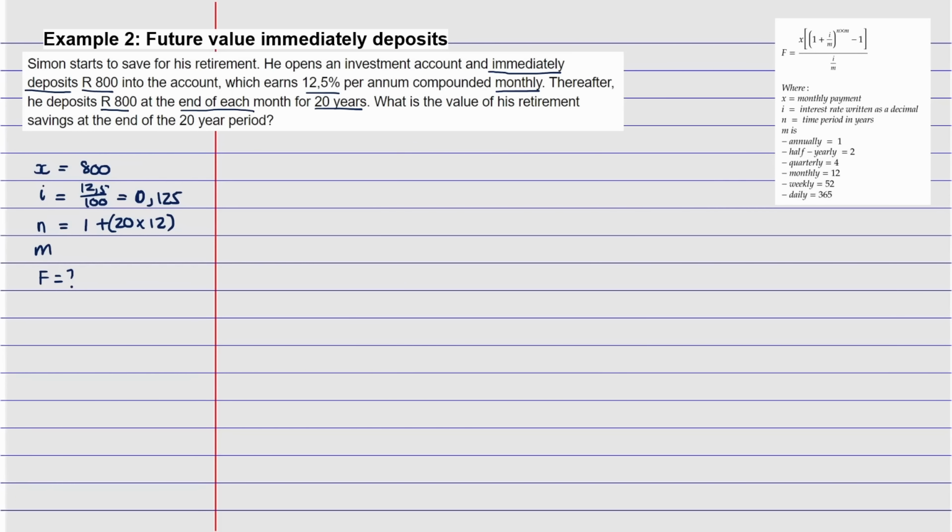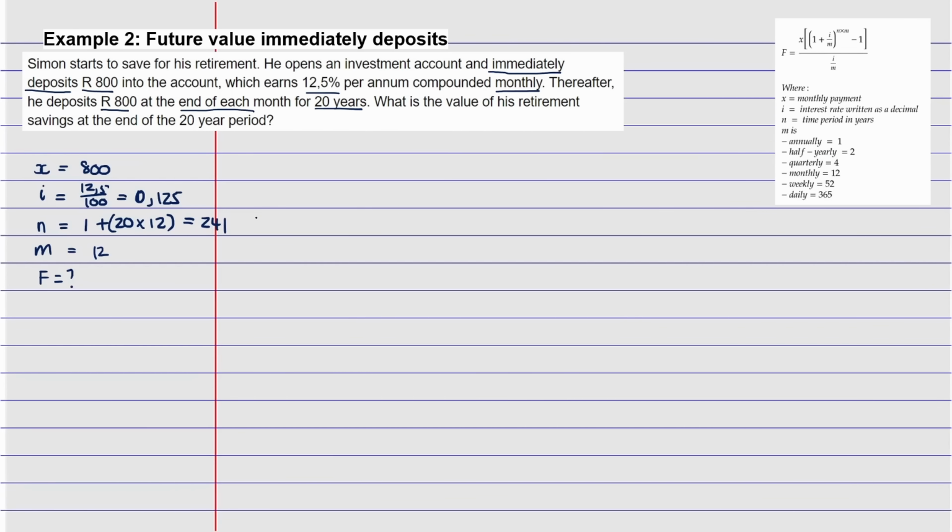So it's basically 20 years multiplied by the monthly, which is 12, then plus 1 extra month because he deposited immediately. M is going to be 12, and F is the one that we're looking for. So N is 1 plus 20 multiplied by 12, which gives us 241.